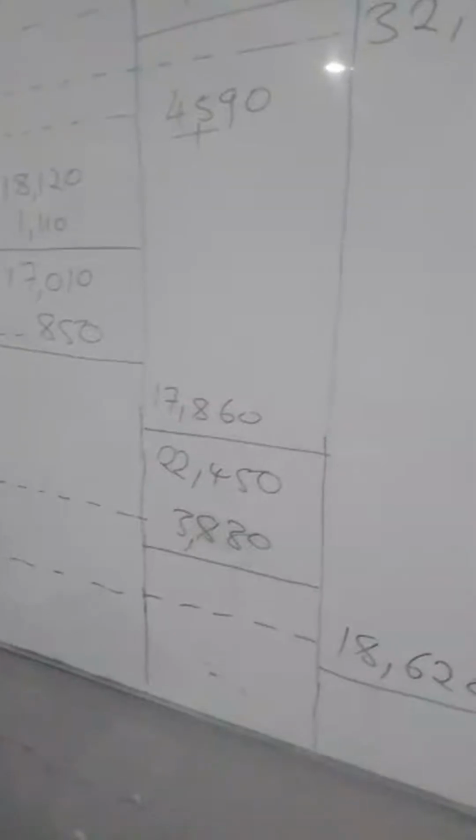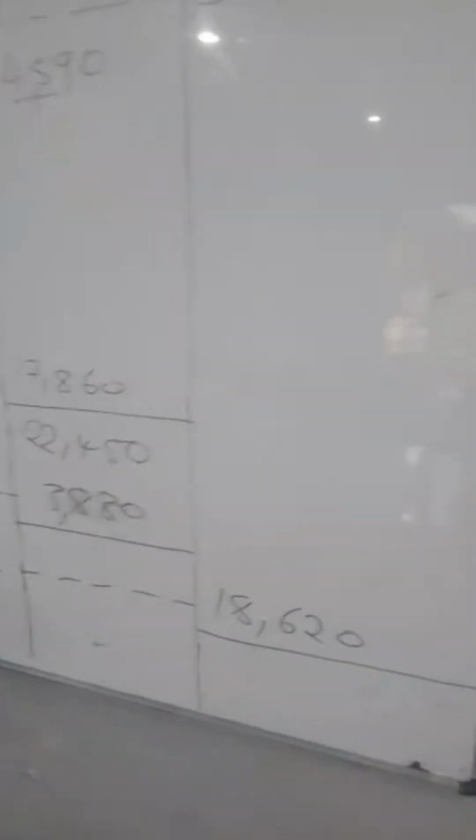Remember that each figure you get must have a name. So cost of goods sold is now equal to that. Now, what you're going to have is how much you have sold minus how much it has actually cost you to generate that sales. That's the meaning of cost of goods sold. So we're going to say this minus this, and that will give us 32,210 minus 18,620.